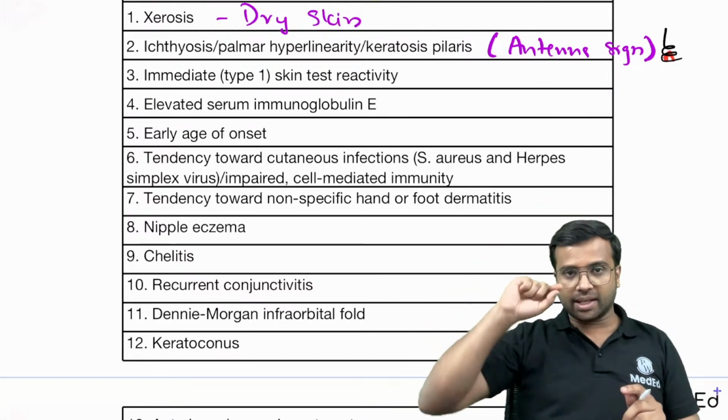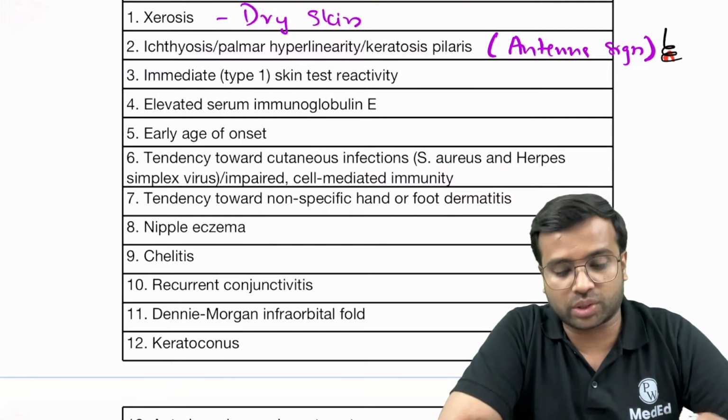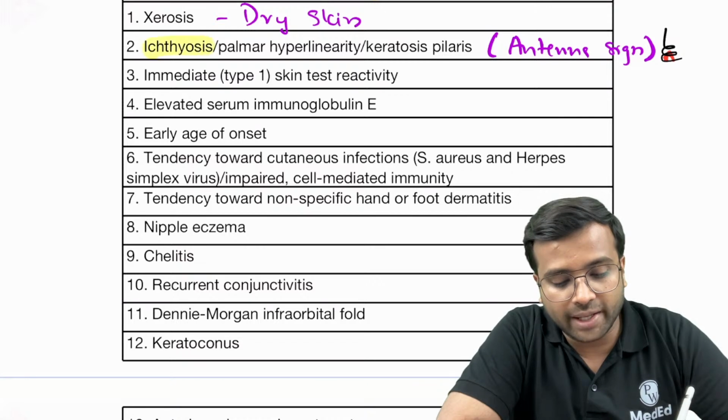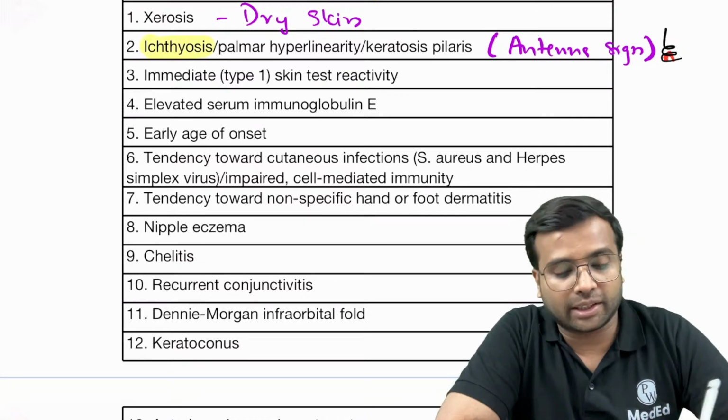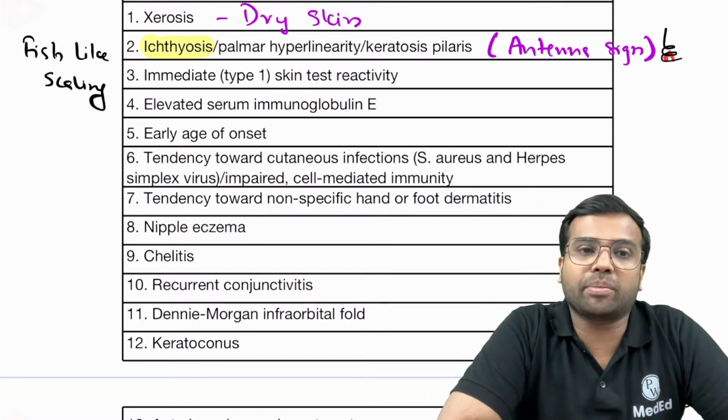So it looks like an antenna, hence we call it an antenna sign. Now, what is the meaning of ichthyosis? Ichthyosis means fish-like scaling of the skin. So all these can be seen.